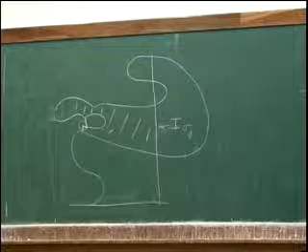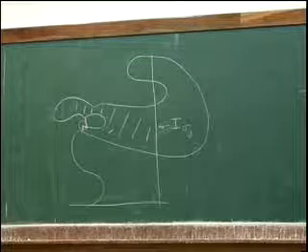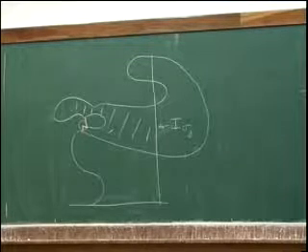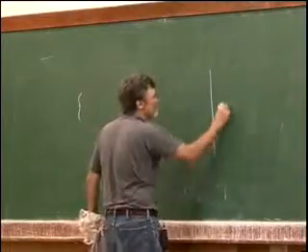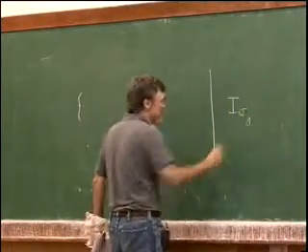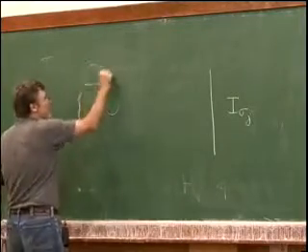There's some curve here. That's the pink. I'm going to draw the pink a little bit bigger. And then there's i, i sigma j. And then I've got something.